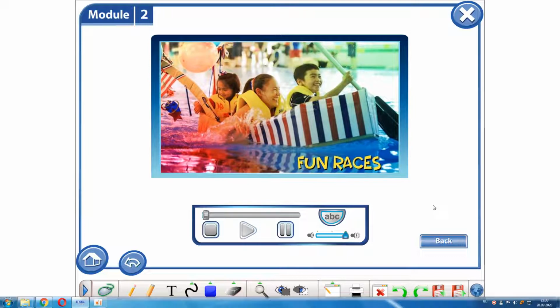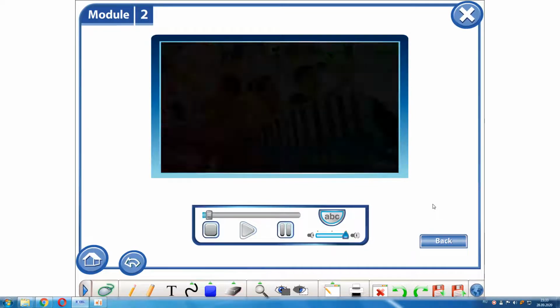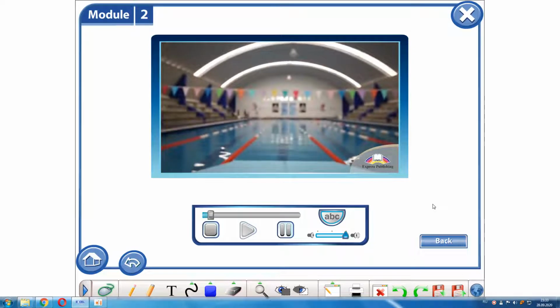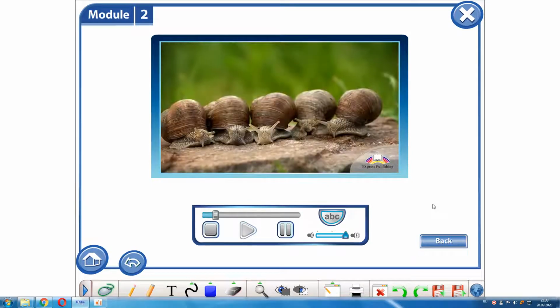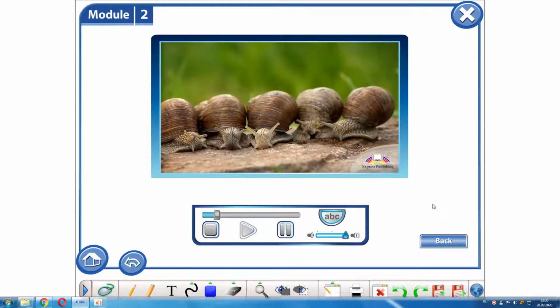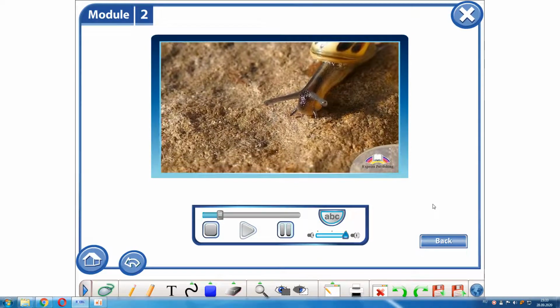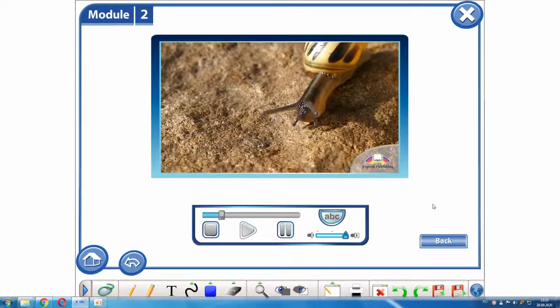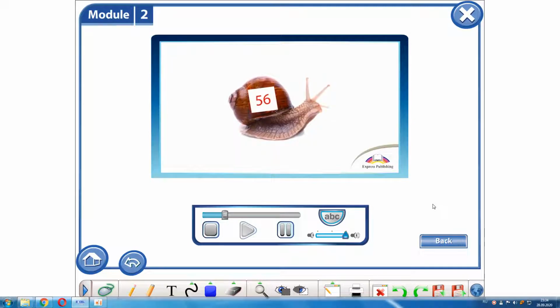Fun races. When you hear the word race, what comes to mind? Maybe a swimming race, perhaps a car race. Well, some people think of snails and tin baths. When my sister asked me to go to a snail race with her, I thought it sounded a little too strange to be real. But a week later, I was in a field sticking a number on a garden snail.